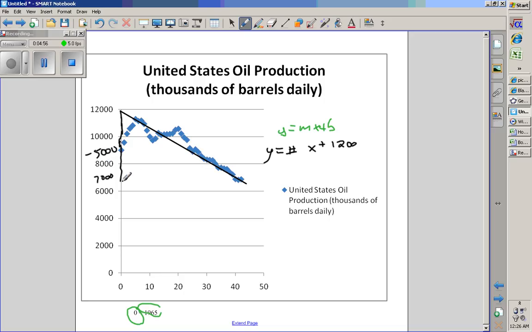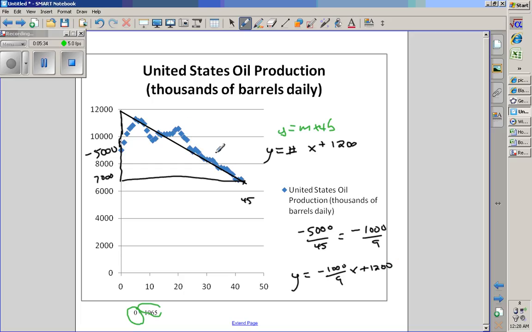And I'm going over from 0 to 45, so my slope is negative 5,000 over 45. This slope simplifies to negative 1,000 over 9. So my slope-intercept equation would be y equals negative 1,000 over 9 x plus 12,000.